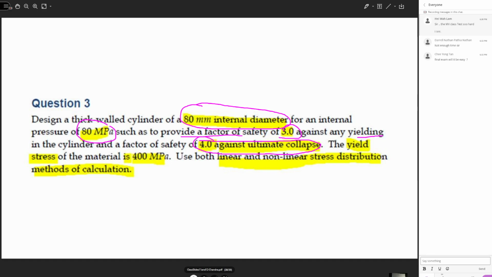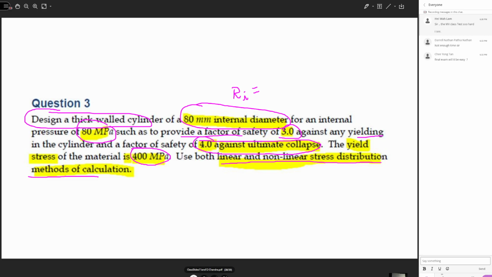The yield stress of the material is 400 megapascals. You are asked to use both linear and nonlinear stress distribution methods of calculation. Basically, you are asked to design a thick wall cylinder. We know the internal diameter, so we know the internal radius, which is 40 mm.